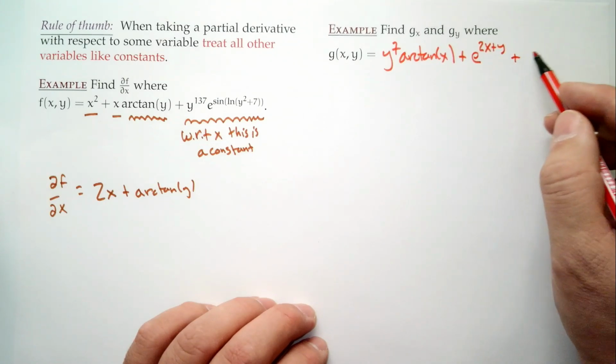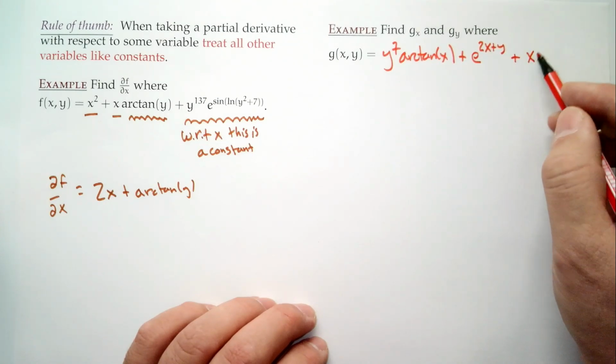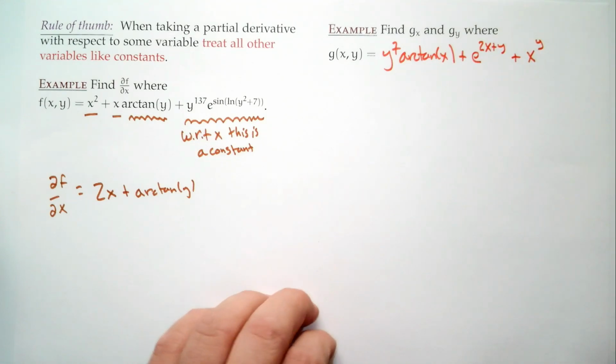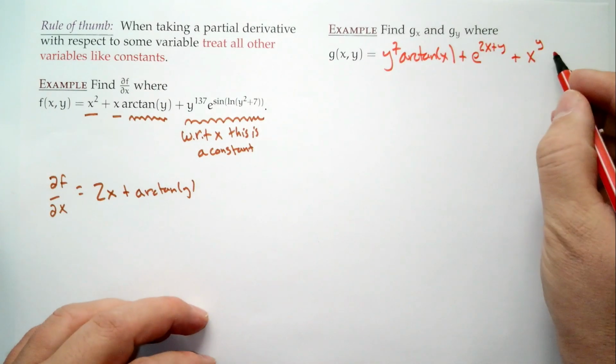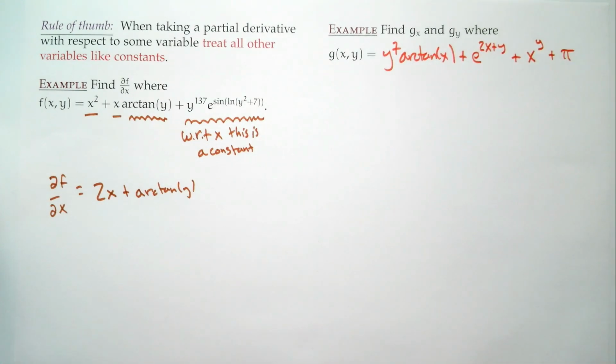And let's be, like I said, creative. x to the y. We can do that. We can have x to the y power. We have to restrict our domain. Well, let's just say we'll assume x is positive, and then there's no problem. All right? Plus pi. There we go.